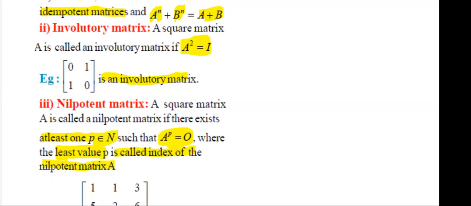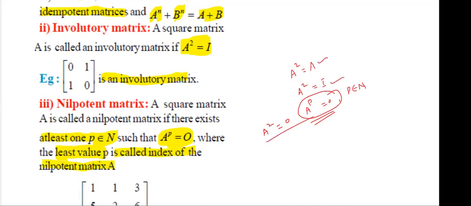Once again, see here. A square is equal to A means idempotent matrix. A square is equal to I means involutory matrix. A power P is equal to 0, where P belongs to N, means nilpotent matrix. In this case, find A square only. If the A square value is 0, we can say nilpotent matrix.